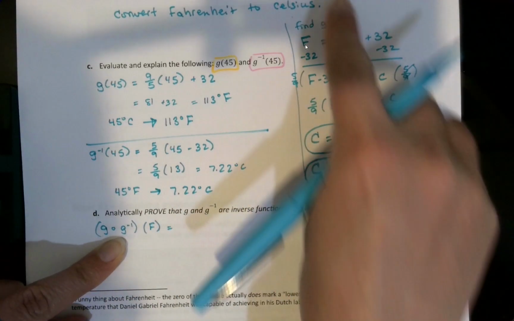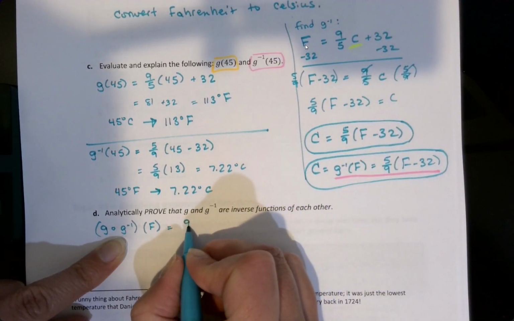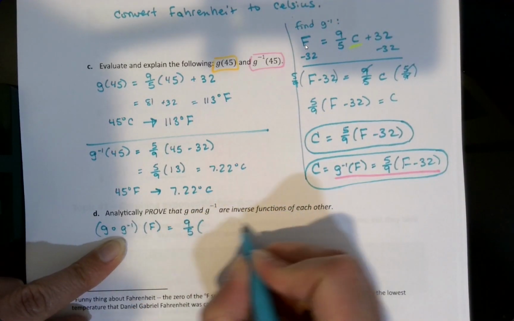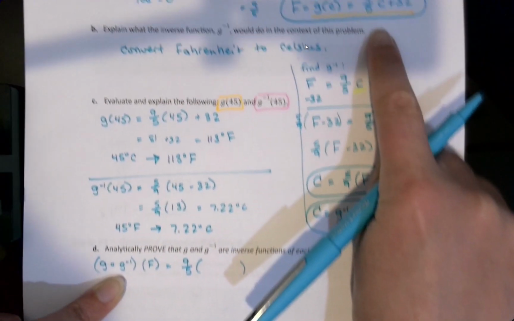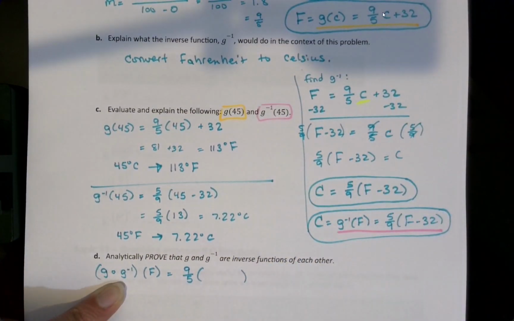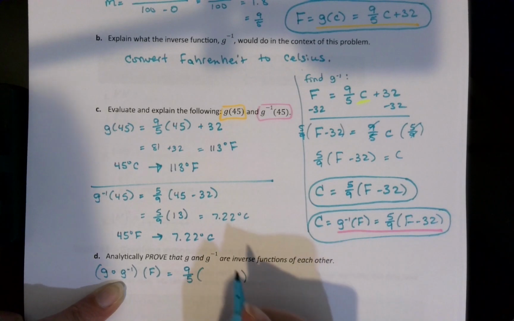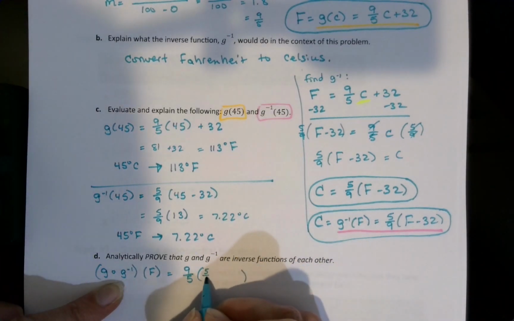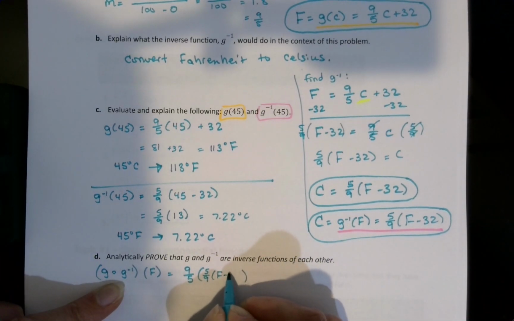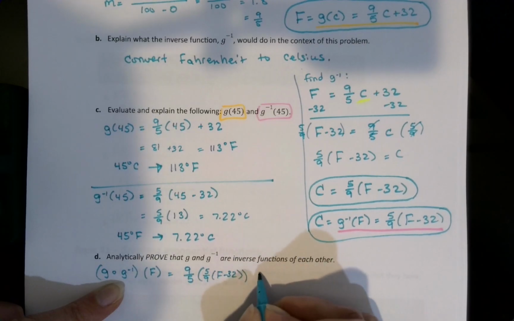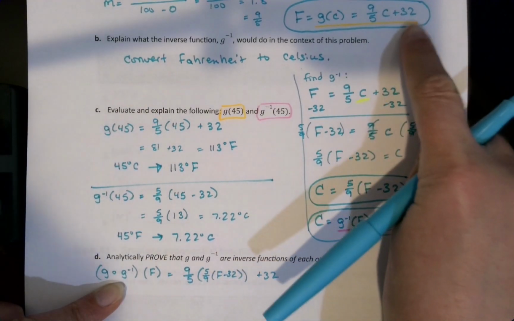So if I take the g function, 9/5 times, in place of the variable c, we're going to put in the other function here, 5/9 f minus 32, plus 32.